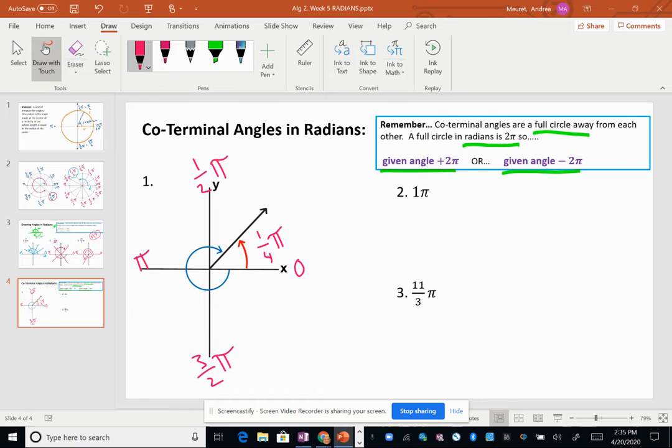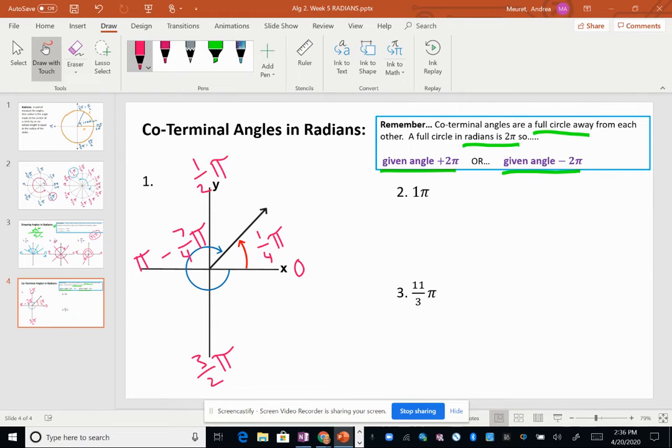And then the blue angle is going in the negative direction, and altogether it does make a 2 pi circle. So if the red angle is 1/4 of pi, then the blue angle is the other 7/4 of pi, but it's going in the negative direction. So it has a measurement of negative 7/4 of pi. And these angles are coterminal.